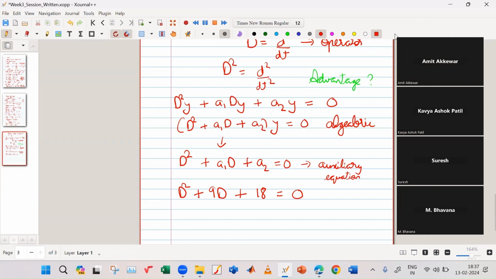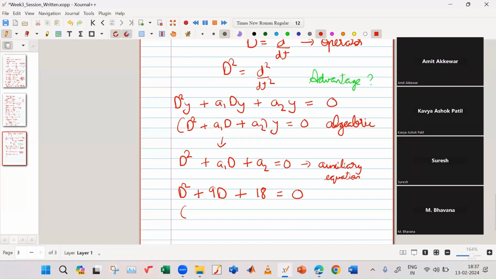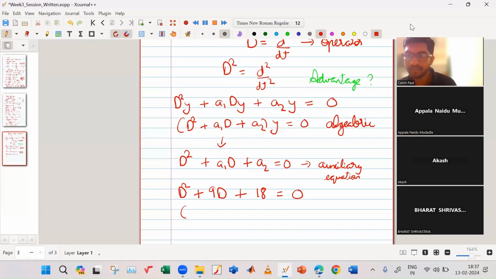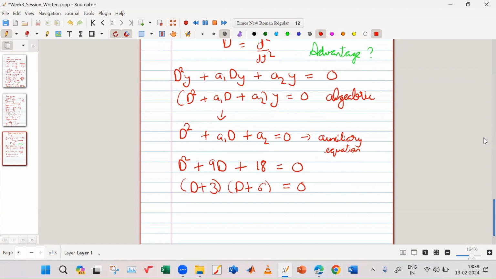-6, -3. Okay. So I write it as d plus 3 into d plus 6 is equal to 0. So your roots are d is equal to -3 and d is equal to -6.